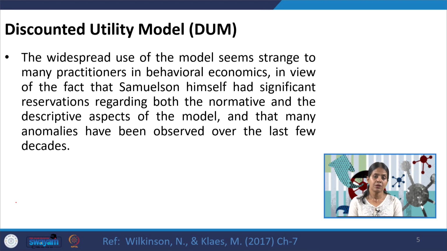The widespread use of the model seems strange to many practitioners in behavioral economics in view of the fact that Samuelson himself had significant reservations regarding both the normative and the descriptive aspects of this model, and that many anomalies have been observed over the last few decades. So, like most of the neoclassical or classical traditions, we have observed anomalies. So, this is also no exception. We will talk about anomalies later in some module.